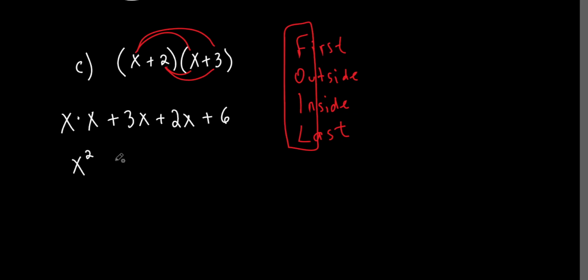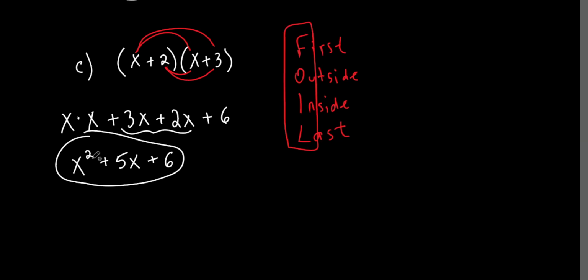X squared. And then you add some like terms. So you got to add these two together. What's 3x plus 2x? Plus 5x. And then plus what? 6. And there you go. That's your answer to this problem right here. So if I multiply those two together, that's what my answer is.